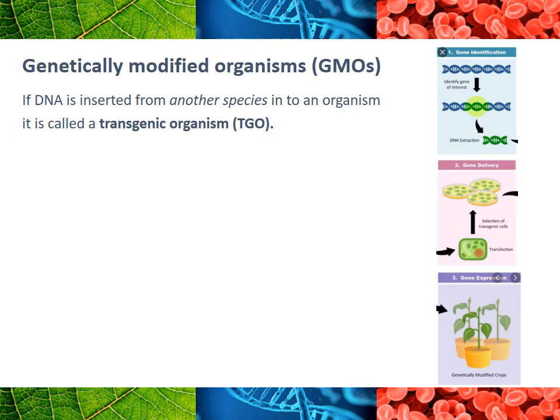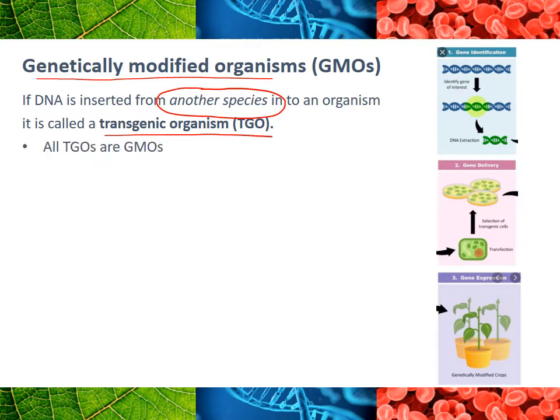Okay, the study design also specifies that you know the difference between a GMO and what is called a TGO. And we'll go through this in a second. If DNA is inserted from another species, that becomes a transgenic organism, or a TGO.